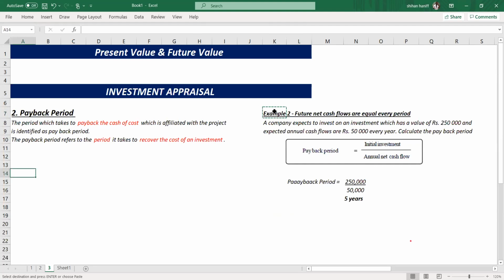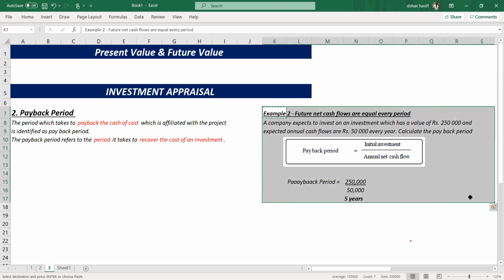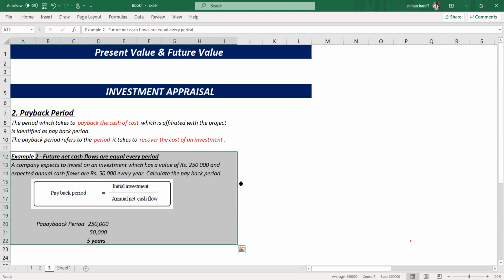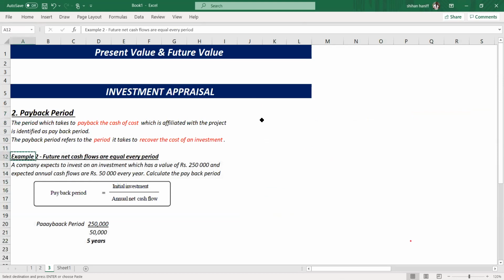Then let's do example 3. Example 3: future net cash flows are not equal. So here's the example.